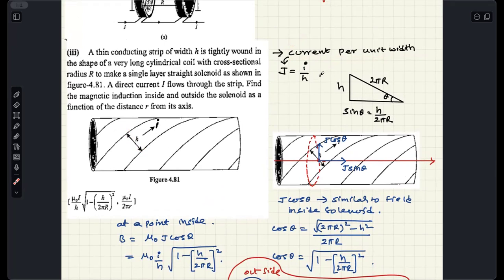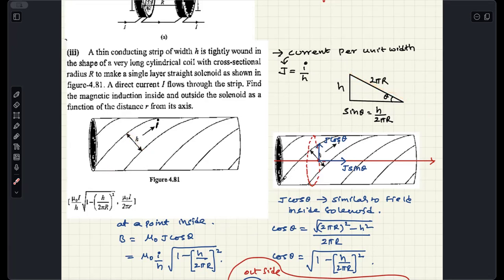In electricity, we used to say current per unit area. Here I am using the phrase current per unit width. If you understand, this is h, and one full rotation gives 2 pi r. See, this is h width, and one full rotation is 2 pi r.